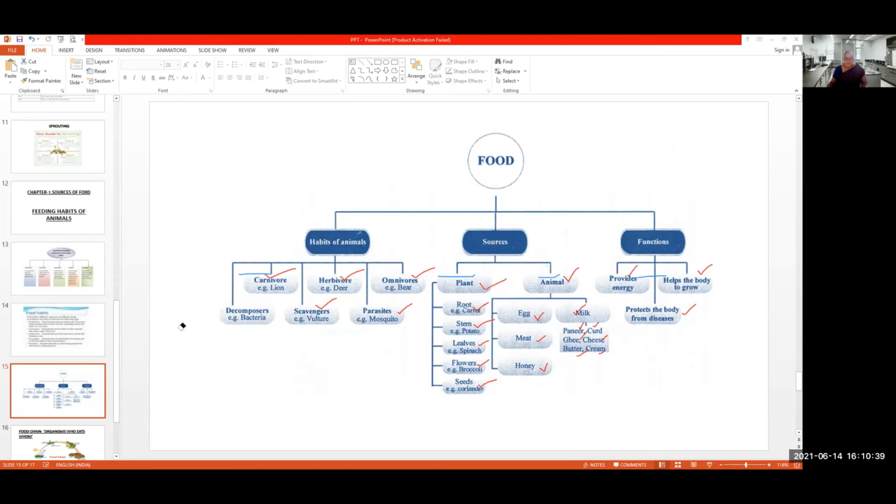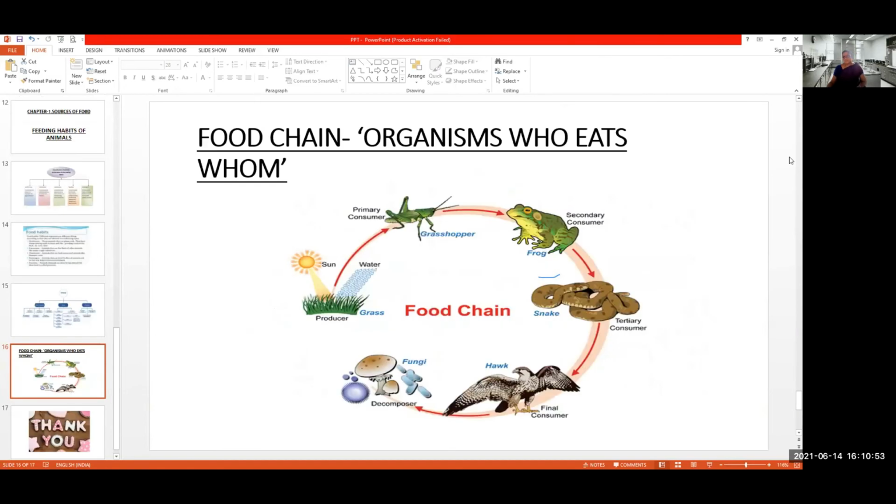Next, coming to the last topic of this lesson, the food chain. What do you mean by food chain? The series of a chain in which the organism who eats whom is called a food chain.